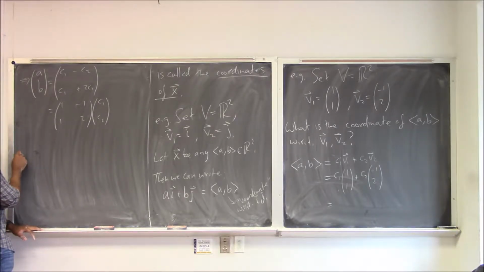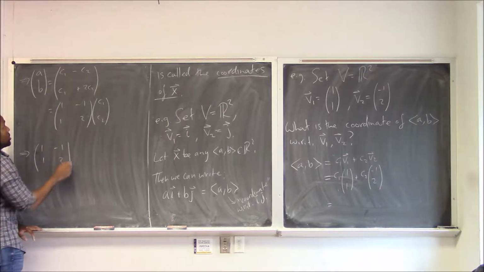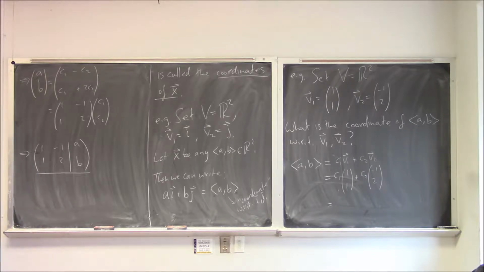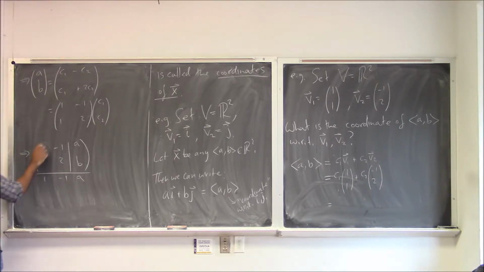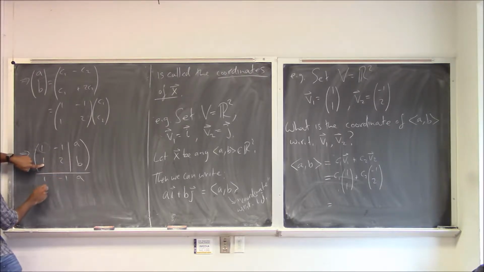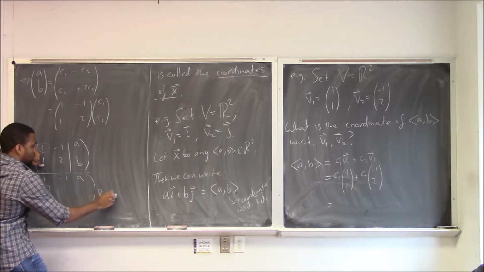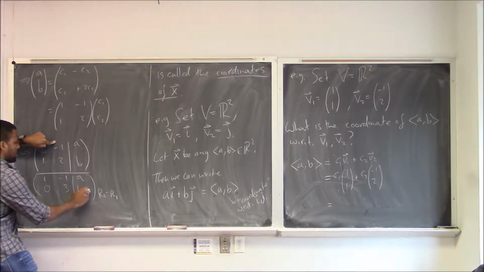So what we would do is we augment these guys, and let's go through the process. So we can have 1, -1, a; let's leave that. I'm going to get to reduced echelon form. I want to kill that guy, so I'm just going to subtract. 0... let's do row 2 minus row 1. This minus this minus that. 3 is b minus a.